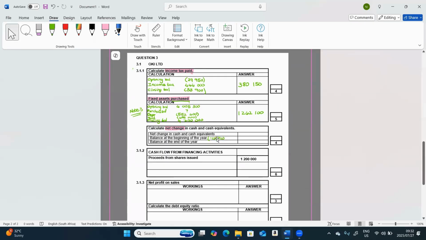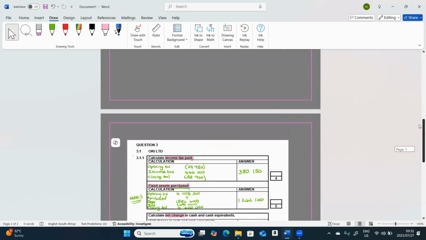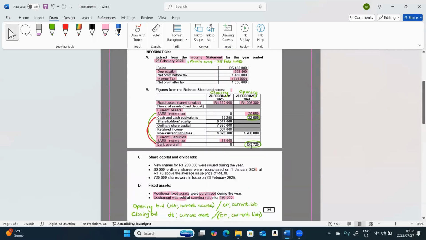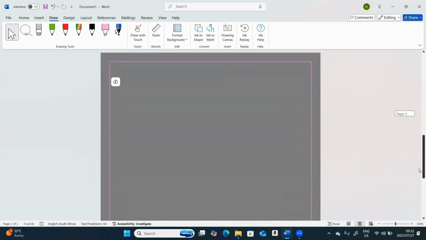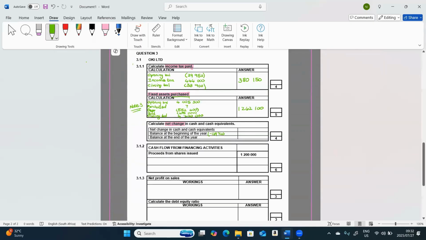So therefore you make it a negative amount. But we only want one balance. So therefore we have the negative portion, our negative bank account, and then we play it off against our positive bank accounts, which is 22,605. So you are going to write plus 22,605. And that is going to be your calculation for the balance at the beginning of the year.